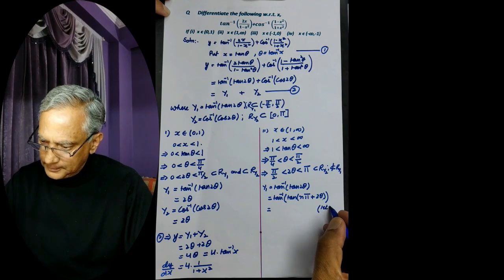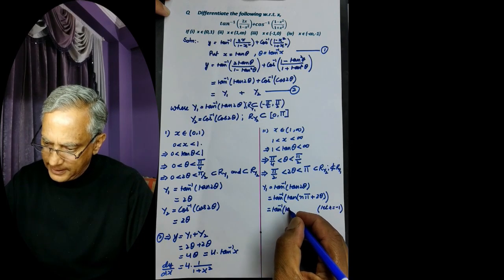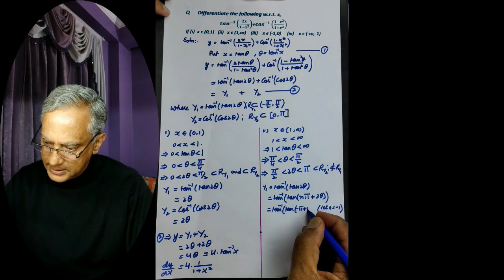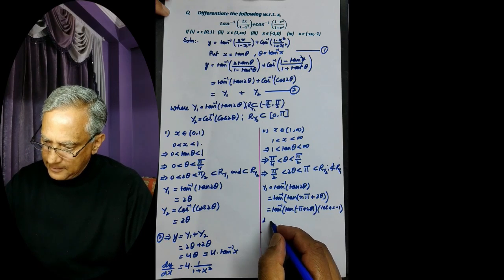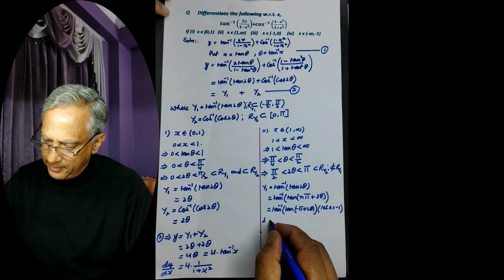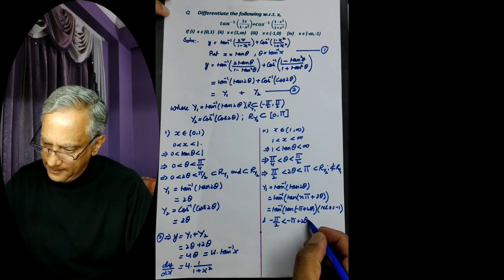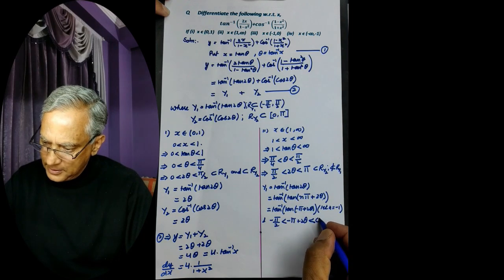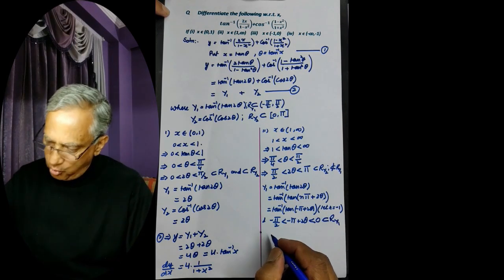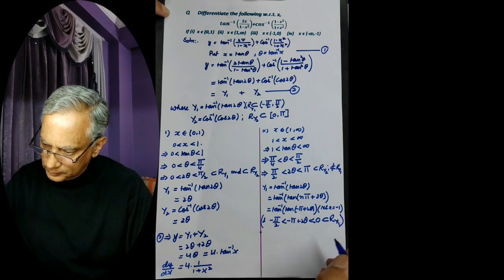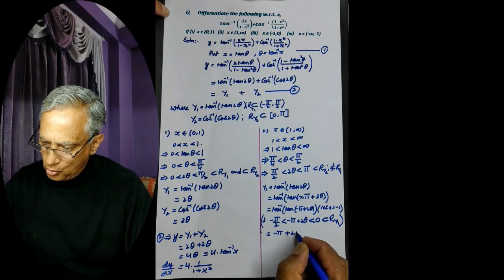Let n be equal to minus 1. So this will be equal to tan inverse tan of minus pi plus 2 theta, and minus pi plus pi by 2 is minus pi by 2, which is less than minus pi plus 2 theta, which is less than minus pi plus pi, which is 0, and this is a subset of R y1. Therefore, y1 can be written as minus pi plus 2 theta.